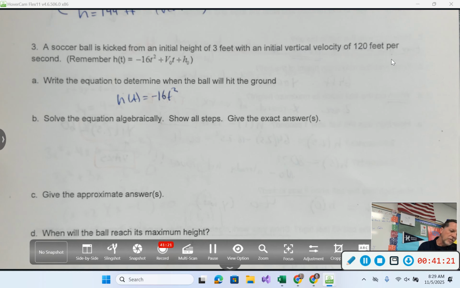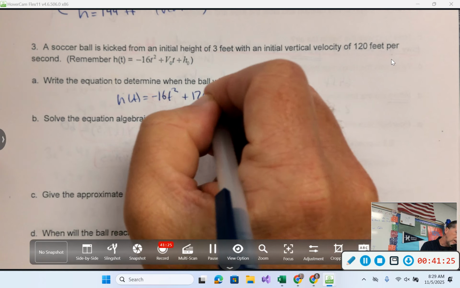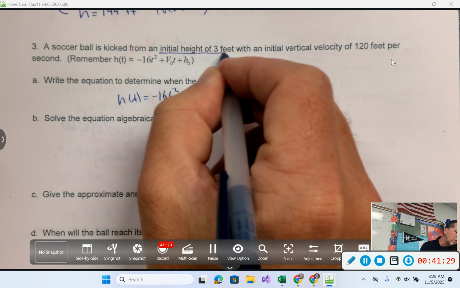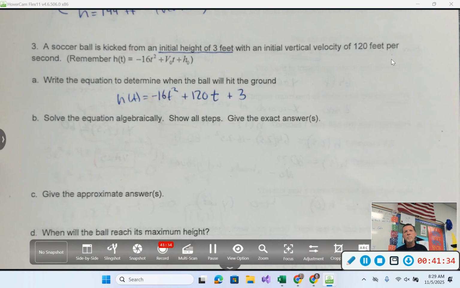This one just spells it out for us. 120, so plus 120t, plus, it even just says, an initial height of 3 feet. So maybe this was like a punt, and when the kid kicked it, it was already 3 feet off the ground when he kicked the ball.